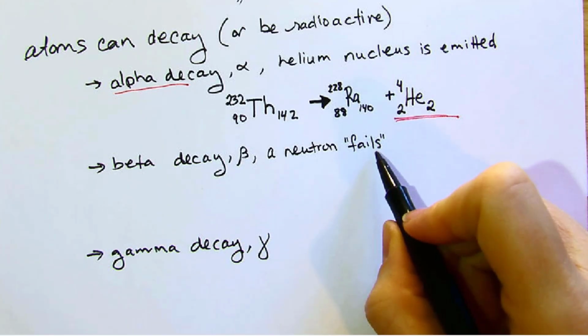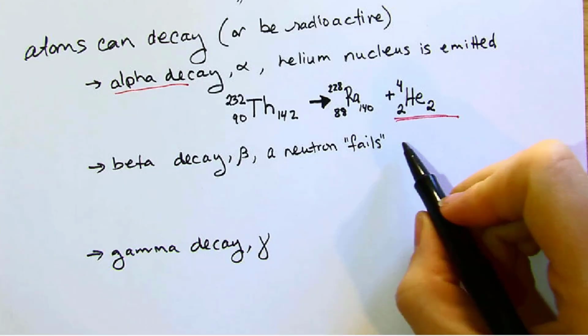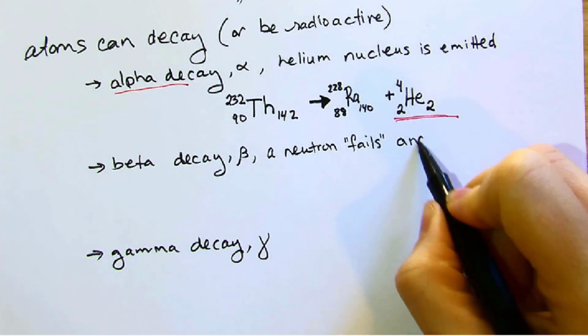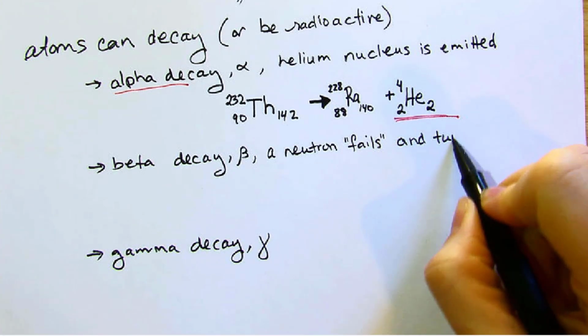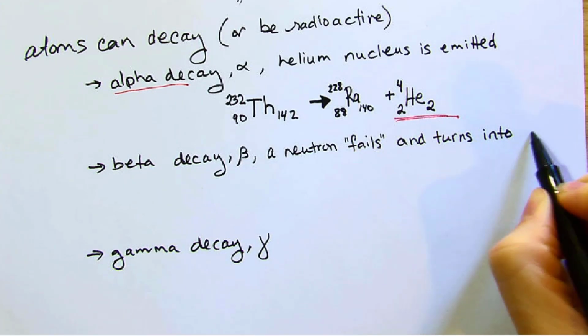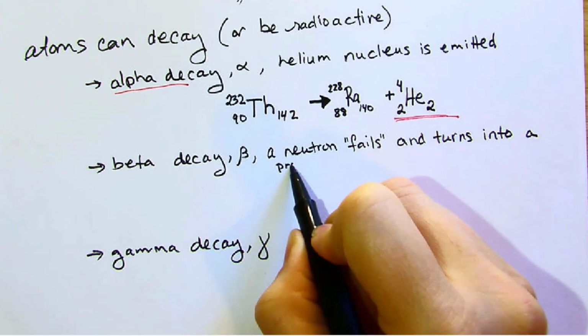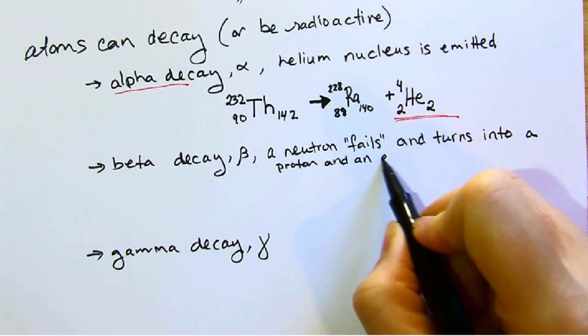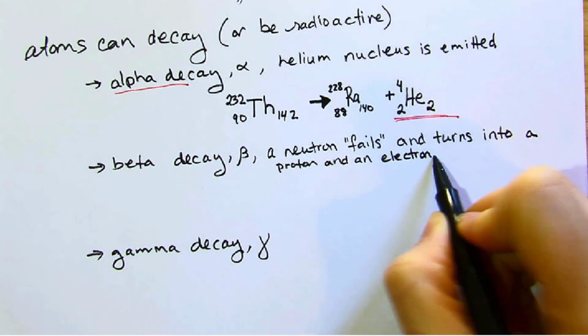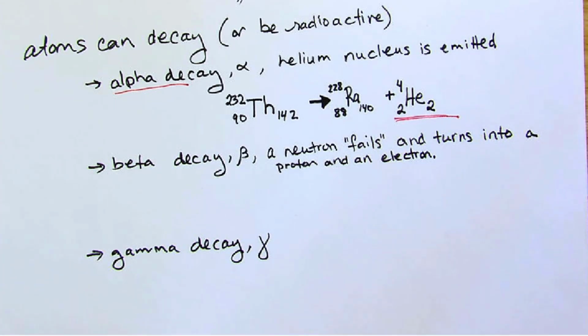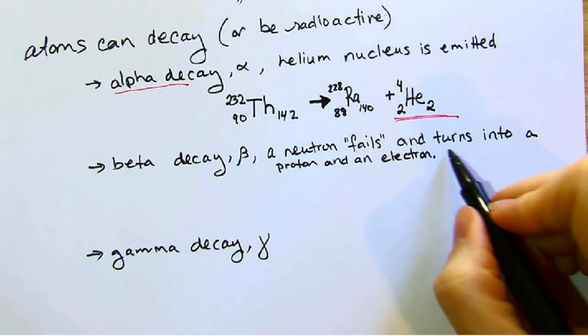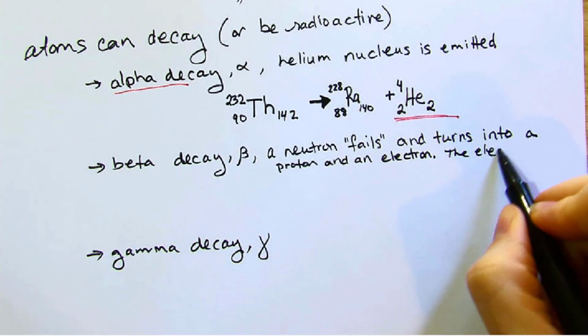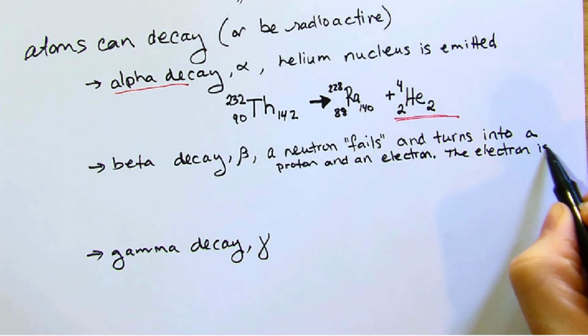So one of the neutrons goes radioactive by itself and turns into a proton and an electron. Now the proton will probably still be stuck in the nucleus, but the electron will likely escape, and so that would be the radiation that leaves. The electron is emitted.